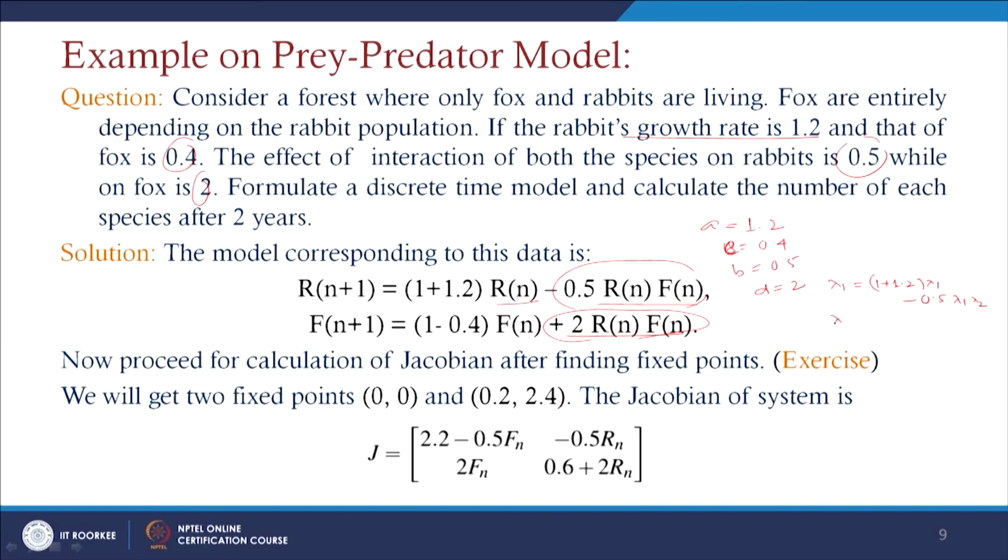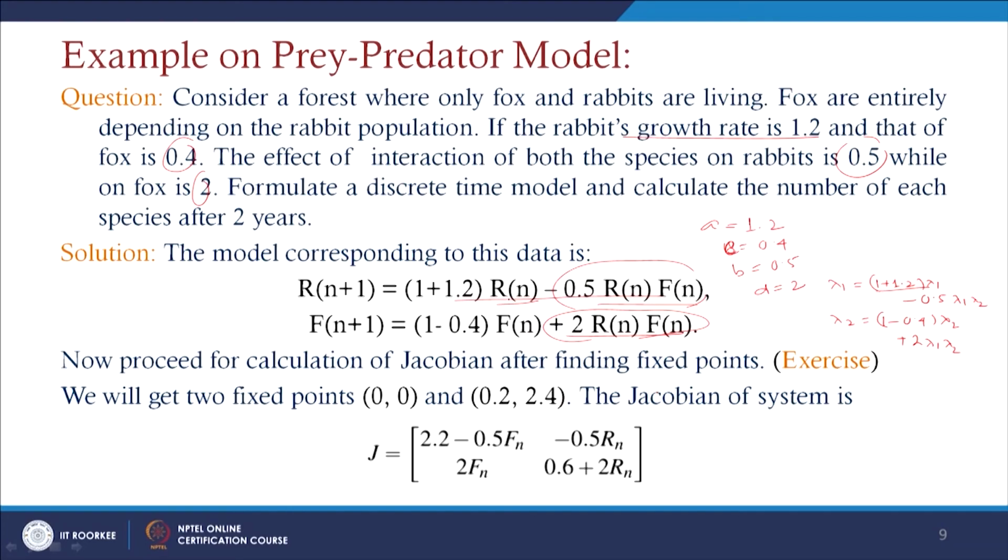Similarly, lambda 2 equals 1 minus 0.4 lambda 2 plus 2 lambda 1 lambda 2. To formulate the Jacobian, we differentiate first with respect to R, then with respect to F.